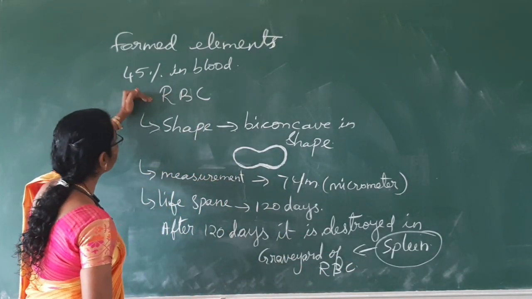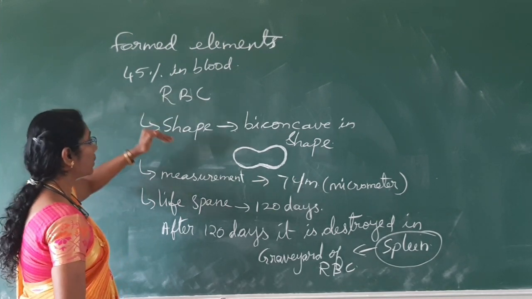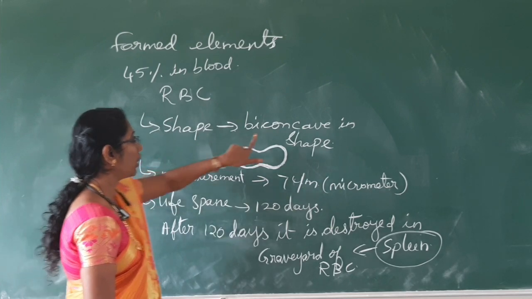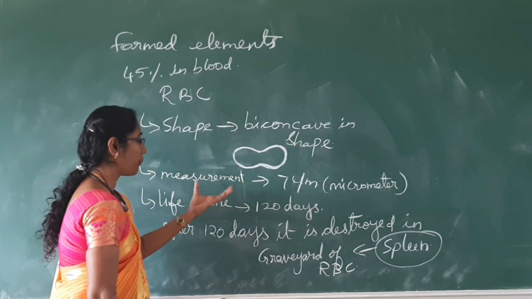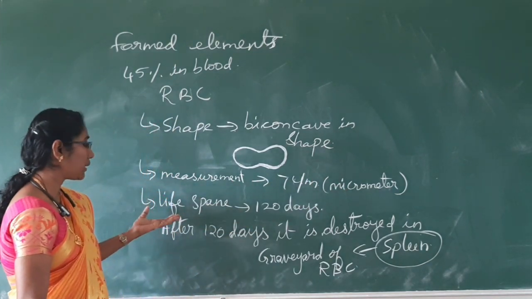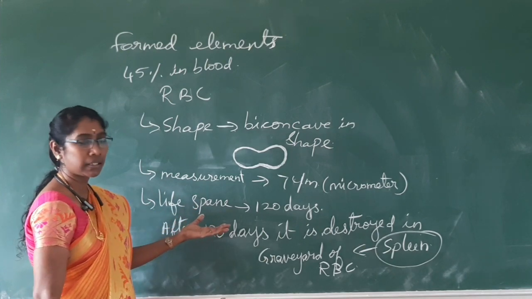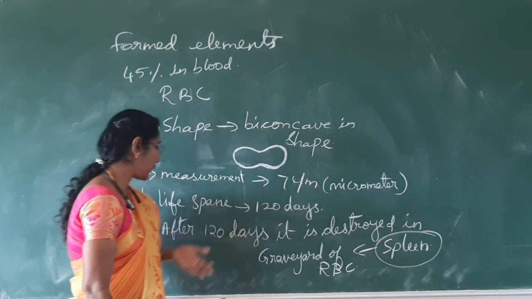So RBC is one of the formed elements. What is the shape of the RBC? It is biconcave in shape. What is the measurement of RBC? It is 7 micrometer. What's the lifespan of an RBC? It lives for 120 days.